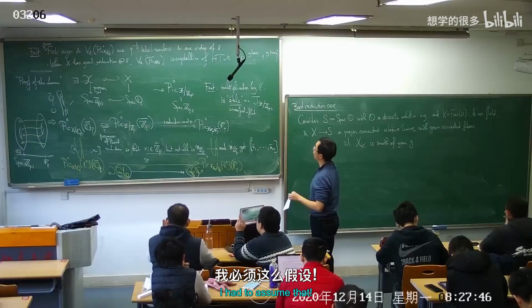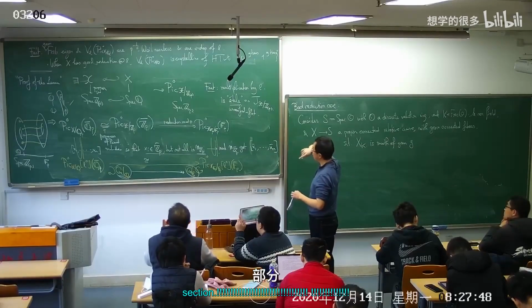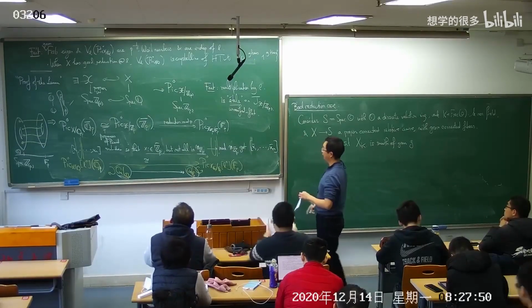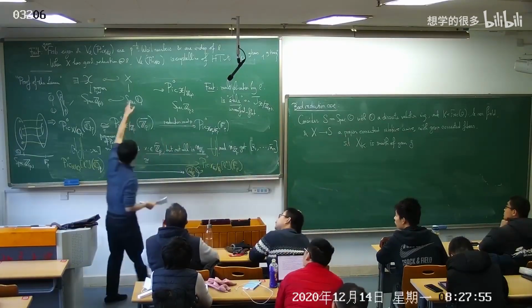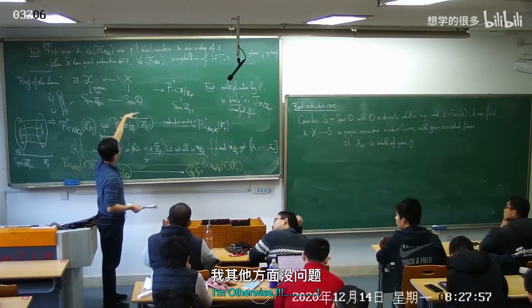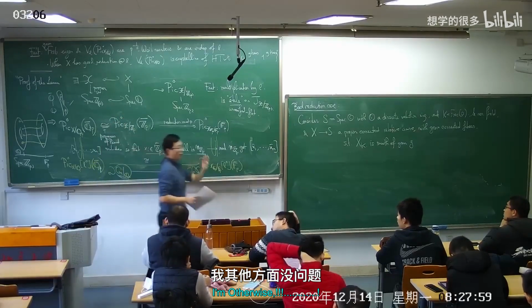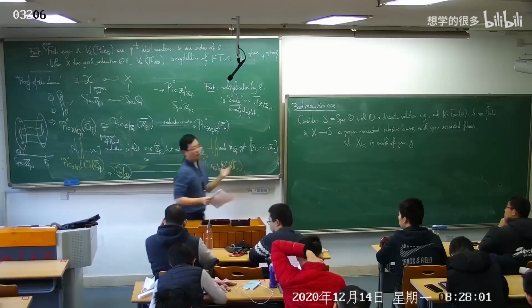One more thing: I have to assume that my X has a section. I should have assumed that earlier, that my X is geometrically connected, and then on the section I have a point. So let's assume that. Otherwise the entire group is not defined.